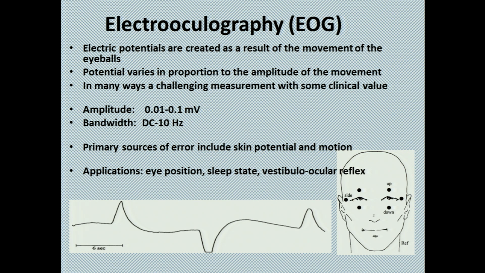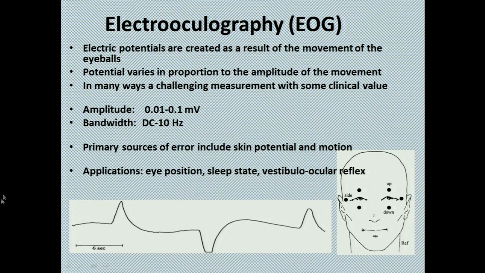Okay. Electro-oculogram, if you see, it is very difficult. I do not take chances, who will come to measure the electrical activities of eyes. So we do not do it, but for completion of learning, the amplitude is 0.01 to 0.1 millivolt, bandwidth is DC to 10 hertz, very small bandwidth. It is because of the movement of the eyeballs.